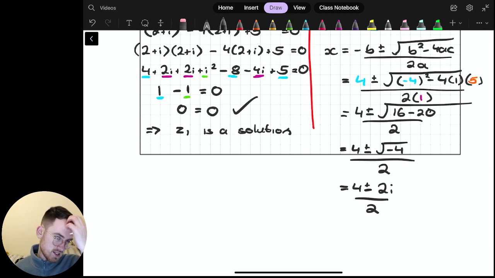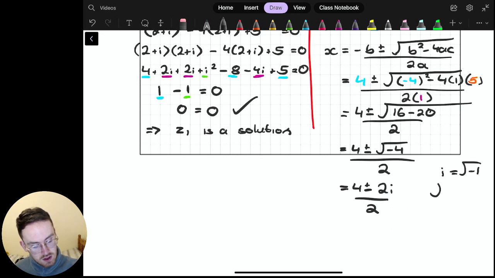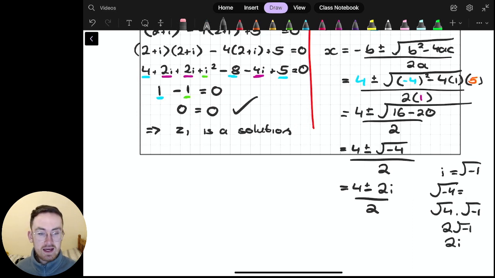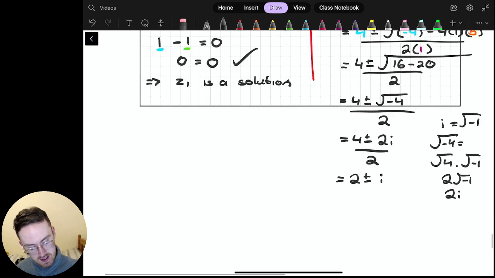Okay, and that again is something we should recognize from our complex numbers. i is the square root of minus 1, so the square root of minus 4 is the same as the square root of 4 multiplied by the square root of minus 1. And that then is 2 by the square root of minus 1, which is the same as 2i. If we divide that 2 in, we get 2 plus or minus i, and that then means that Z1 is a solution.